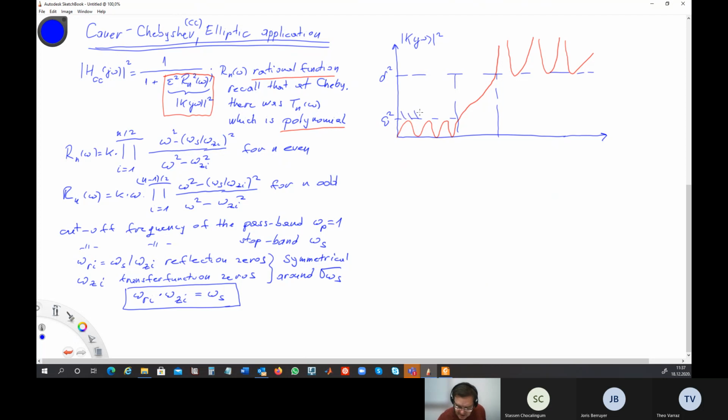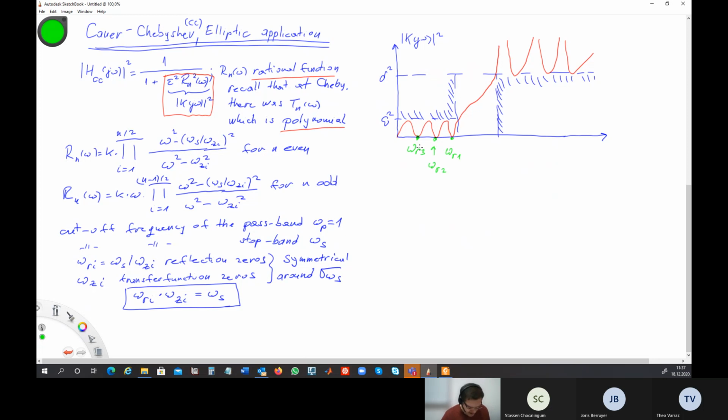This is forbidden area, like some specifications. Here we call this and this and this reflection zeros: omega R1, omega R2, omega R3.